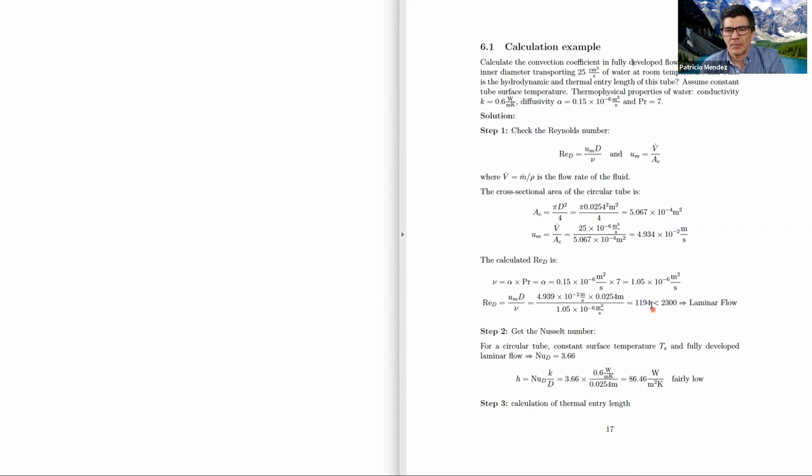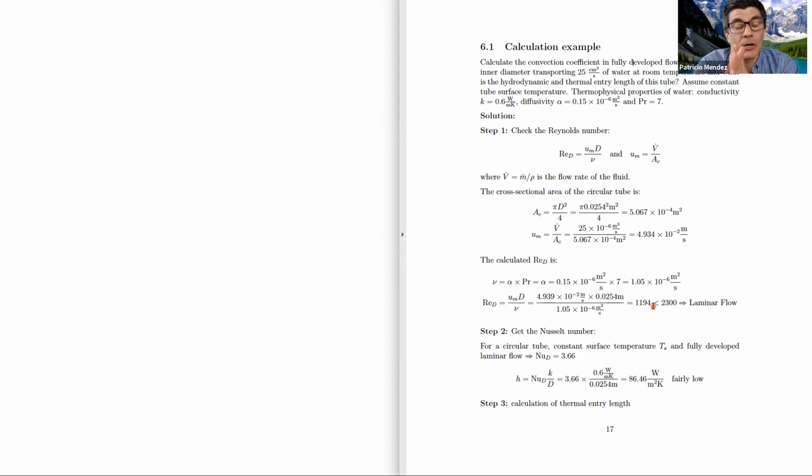So this Reynolds number, almost 1200, is less than the 2300 that is the criterion we're using in this class to determine whether the flow is laminar or turbulent. If you remember what I said, at 2300 the flow started to transition. If we had a value slightly above 2300, it might not be fully turbulent, but might be in transition.